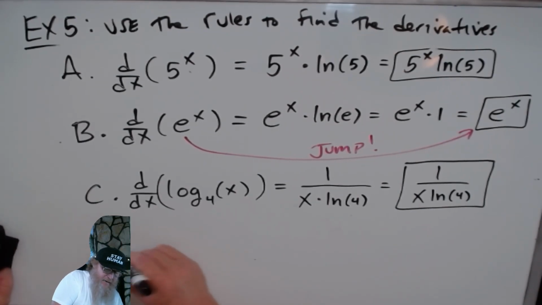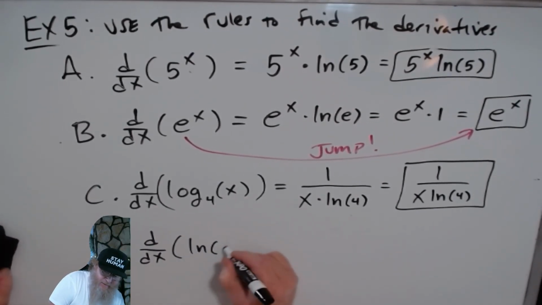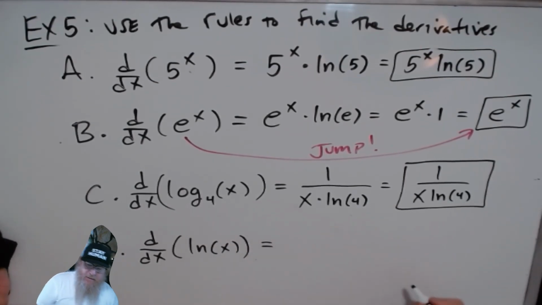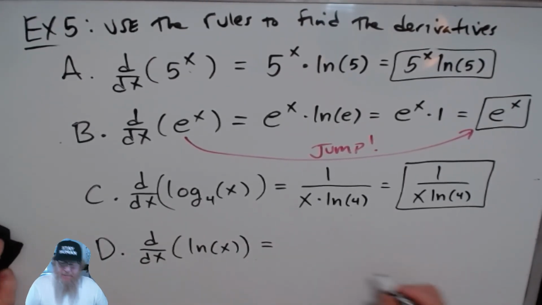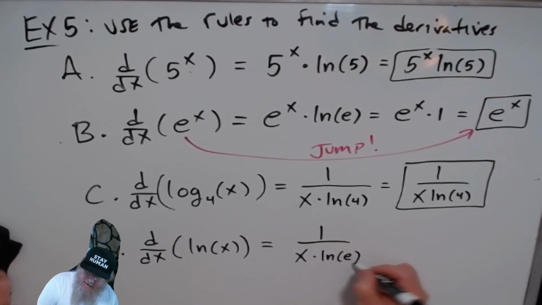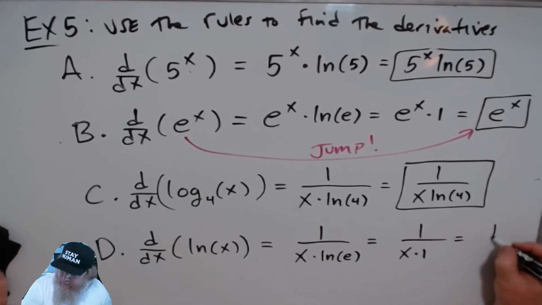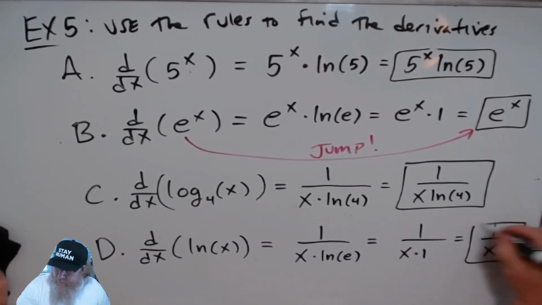And then D. That's a special case. 1 over x ln of e, which is 1 over x times 1, which is just 1 over x.